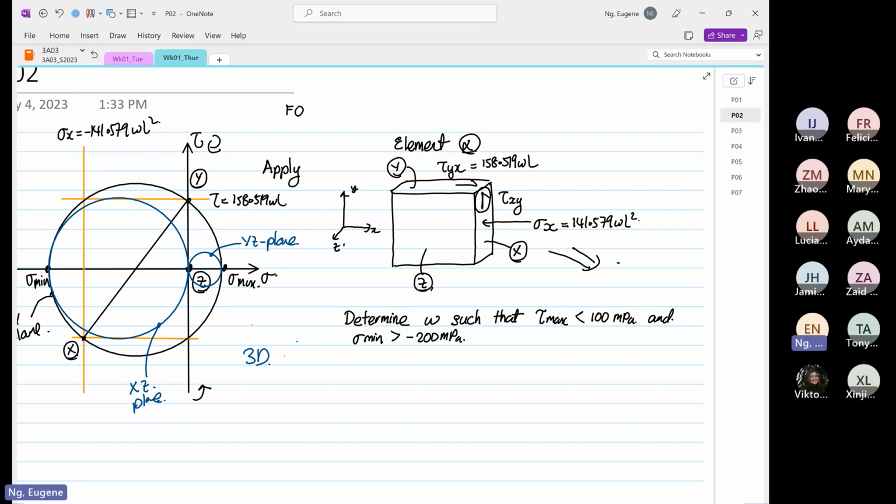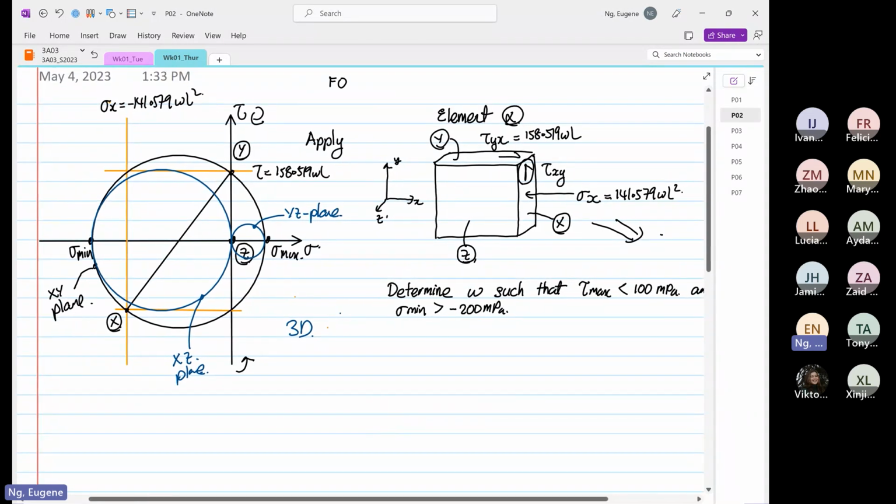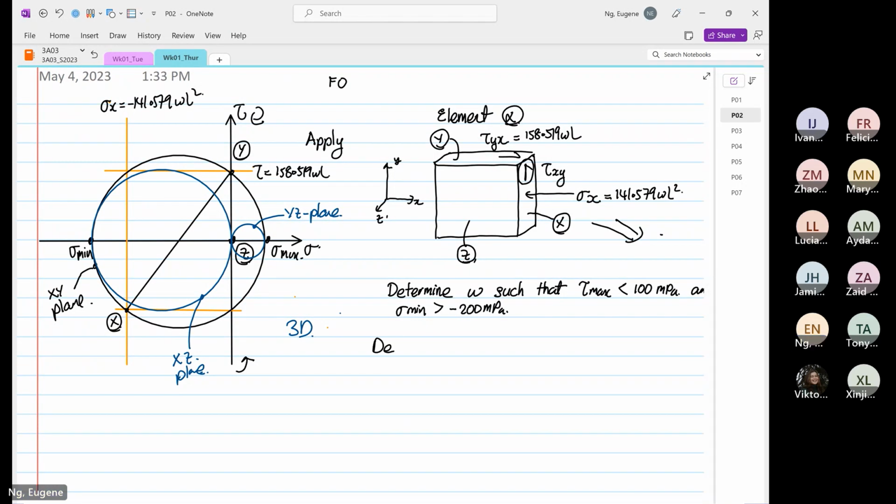Okay, so now, in order to do this, we're going to look at the 3D Mohr circle, and we have to determine what our tau max is from the Mohr circle. So I'm going to go into the graph mode again.